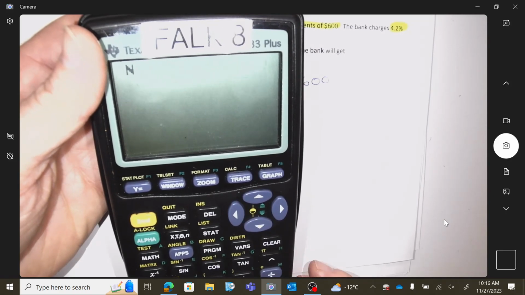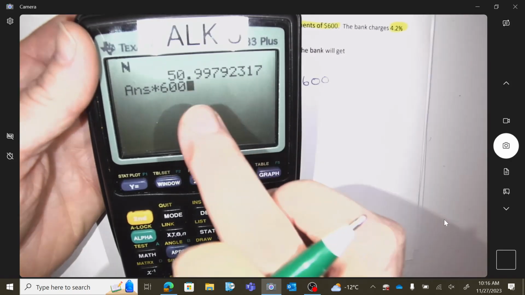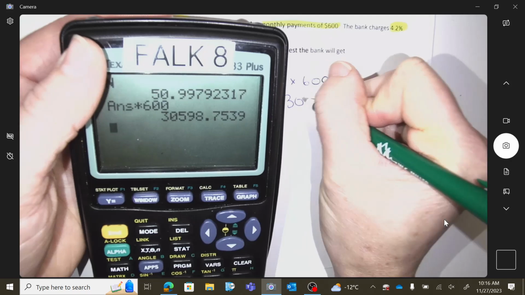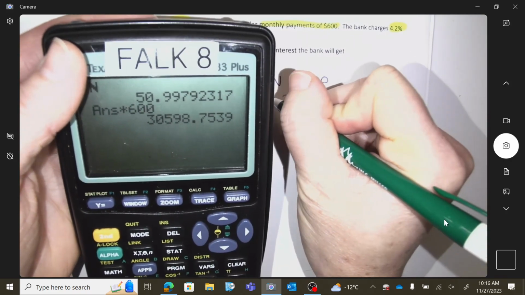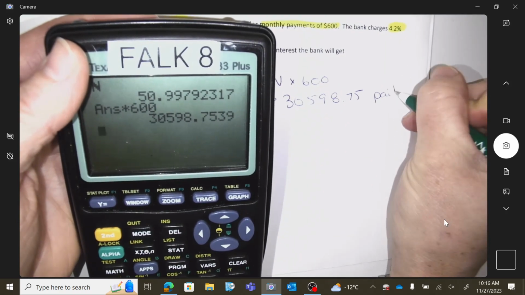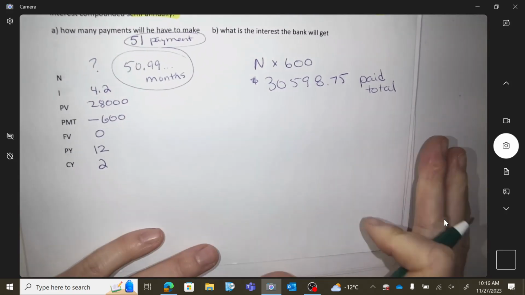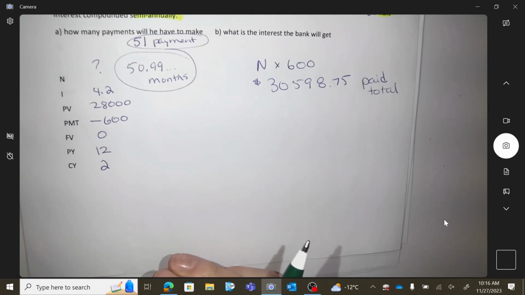N. So you make $600 payments that many times. Okay, so that is you paying that much money. Over the years, that's how much money you paid.